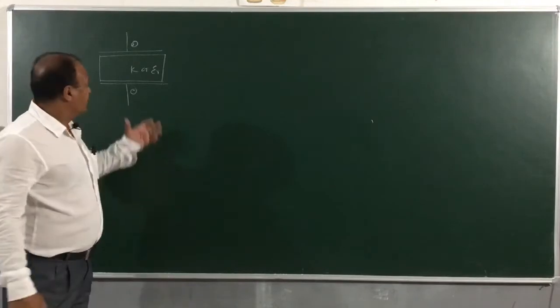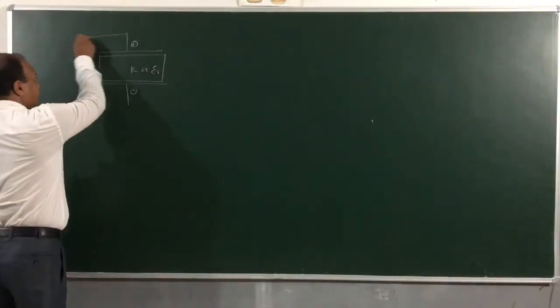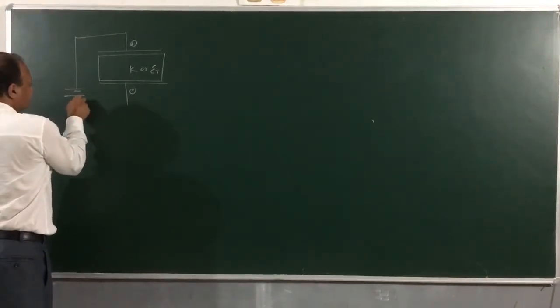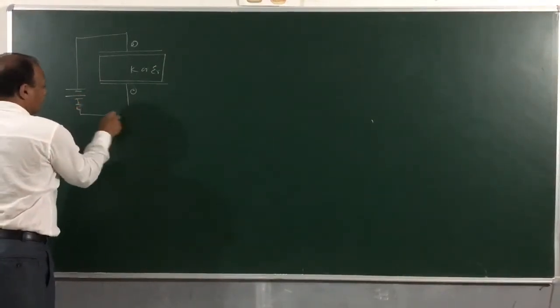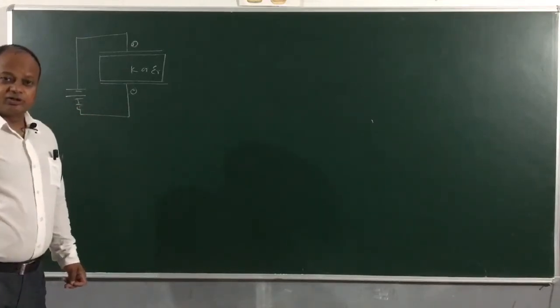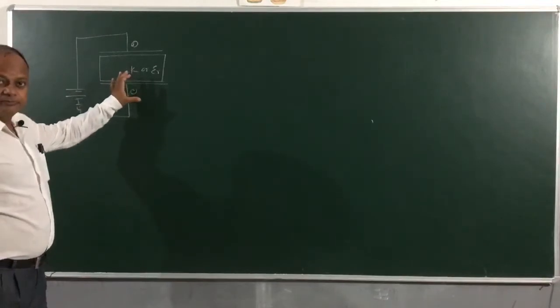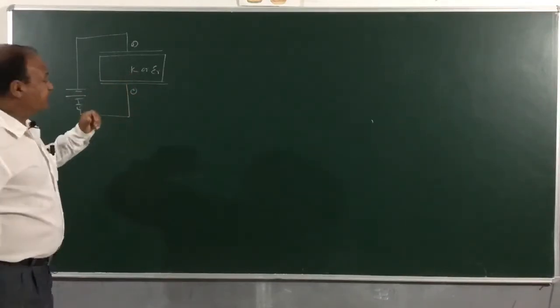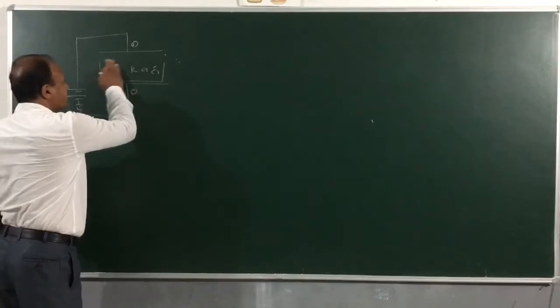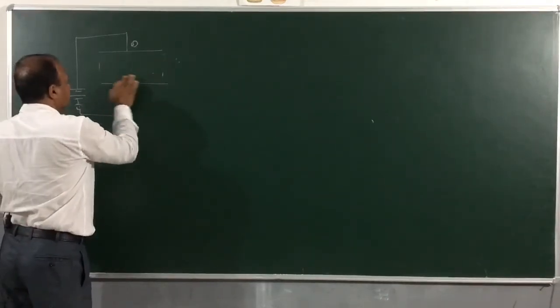Now many times we come across technical questions. For example, here I have a parallel plate capacitor. I am connecting it to the battery, and then two situations can be given to you. Case 1, we are inserting the dielectric slab. Initially there was no slab, it was something like this, a parallel plate capacitor. These are the two plates.